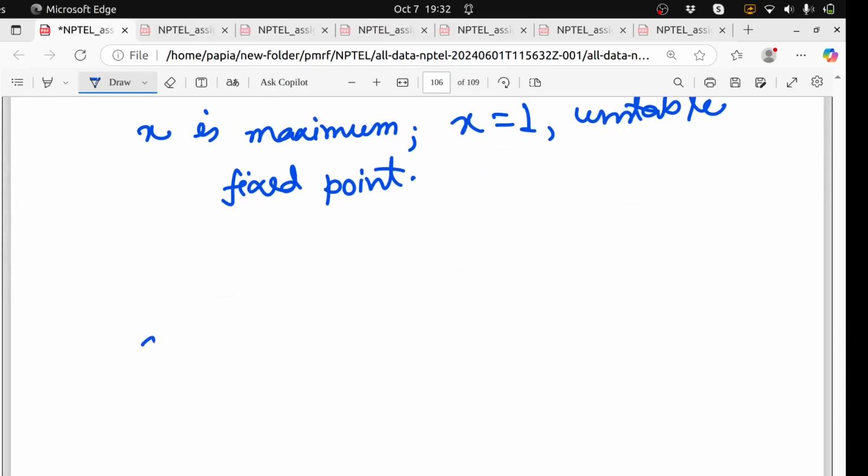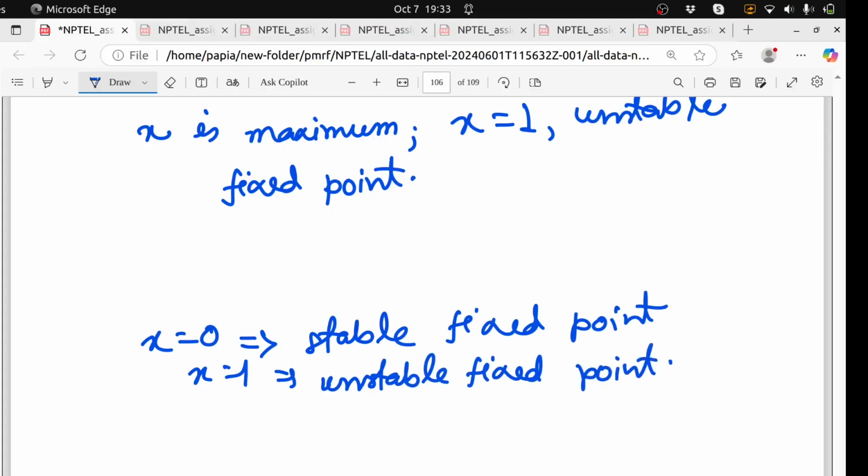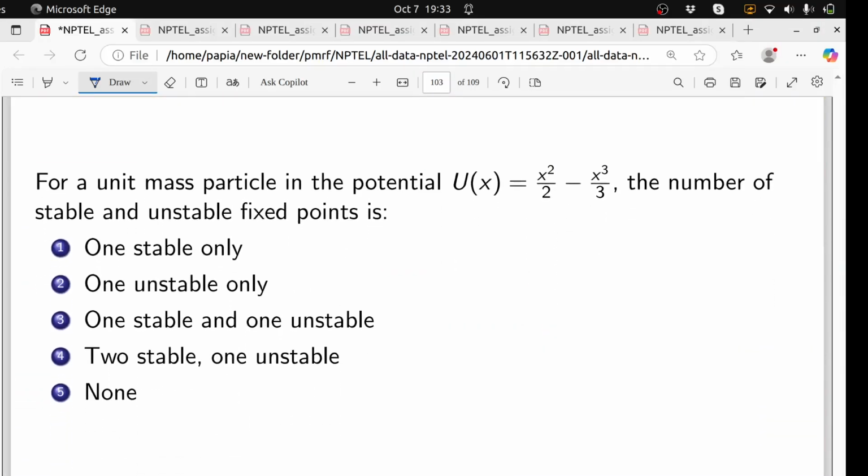So we can conclude that x equals 0 is a stable fixed point and x equals 1 is an unstable fixed point. So the option is yes: one stable, one unstable. One stable only is wrong, one unstable only is wrong, two stable, one unstable is wrong, none is also wrong.